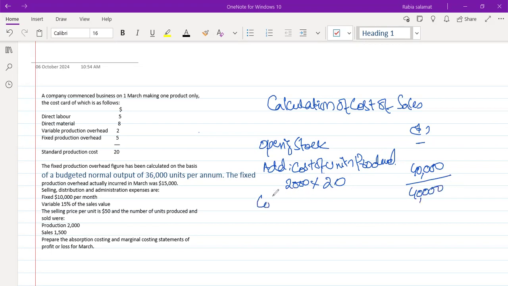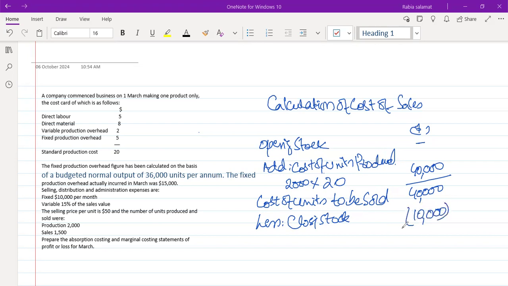Less closing stock. Your closing stock is 500 units into 20, you will get 10,000. 30,000 is your unadjusted cost of sales.